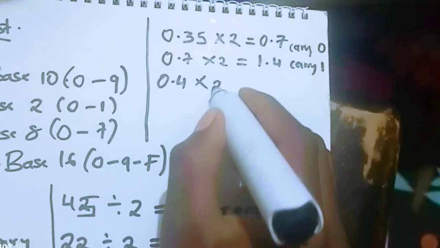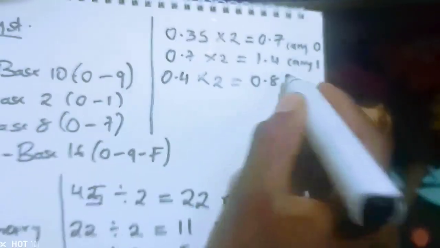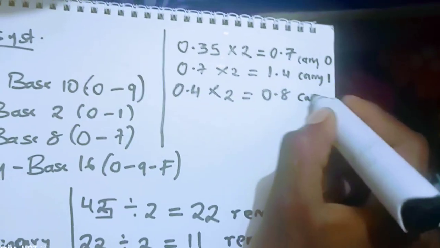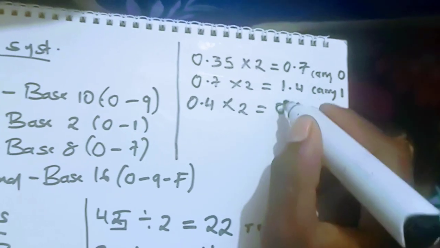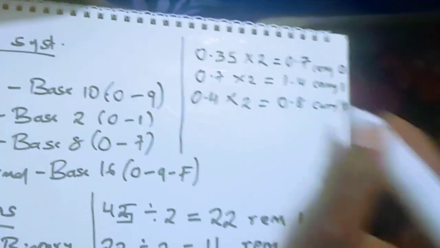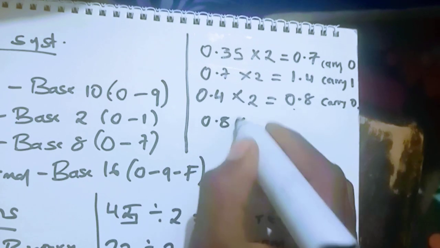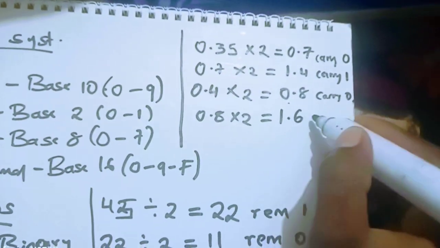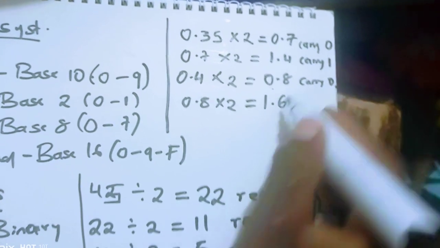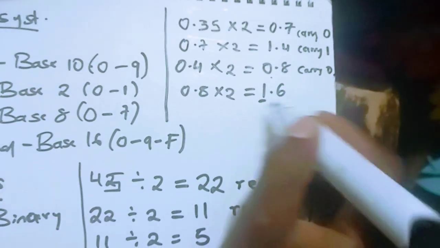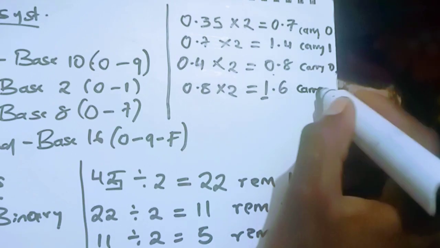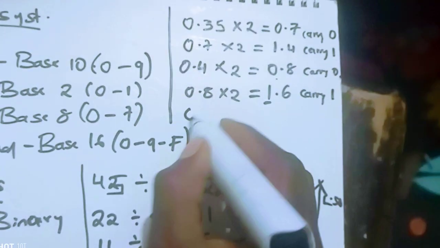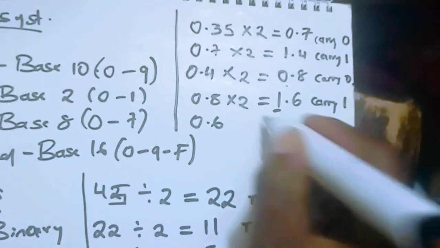Take the 0.7, multiply it by 2, you'll get 1.4. Now, when you subtract 1 from 1.4, you'll get 0.4 with a carry of 1. This 0.4, when you multiply by 2, you'll get 0.8 with a carry of 0. Take the 0.8, multiply by 2 again, you'll get 1.6. The first bit gives you a carry of 1, so you'll have 0.6 with that carry of 1.